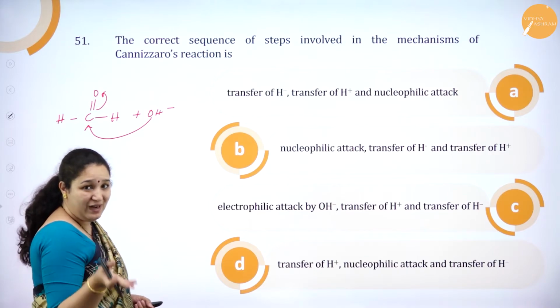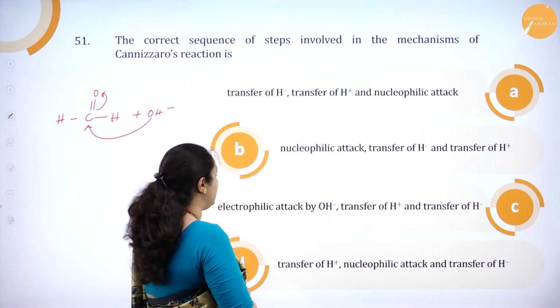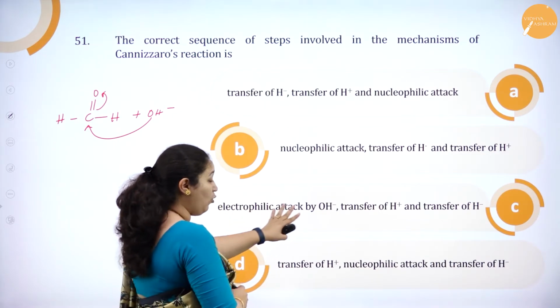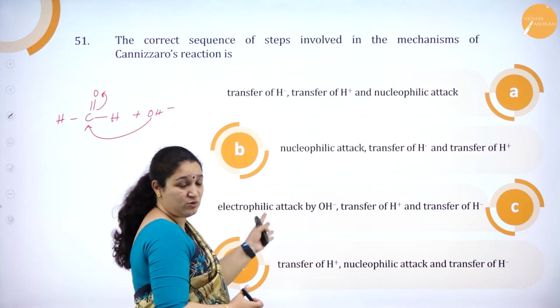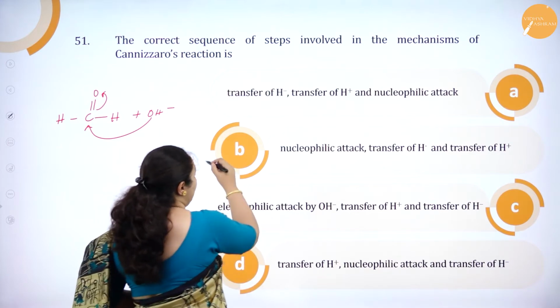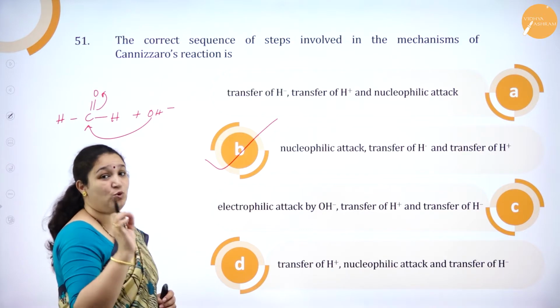If you know, you can answer this question because see option A, transfer of H minus is first. Option C, if you see, electrophilic attack is first. OH minus is not an electrophile at all, so this is wrong. Again, transfer of H plus is there first. So obviously it is option B. Even if you don't know the mechanism, you can answer if you know the first step.